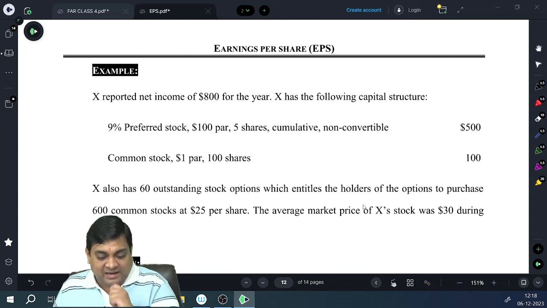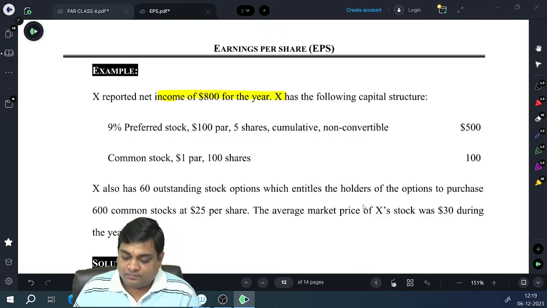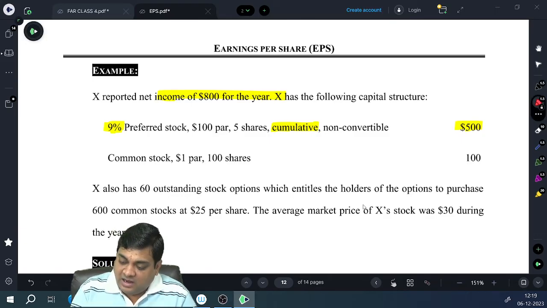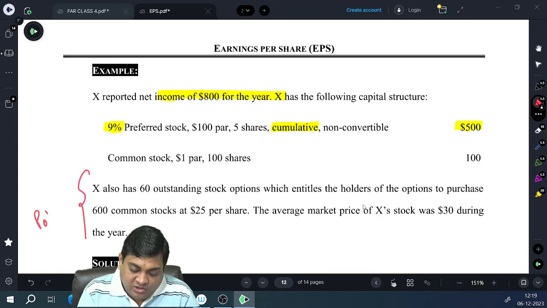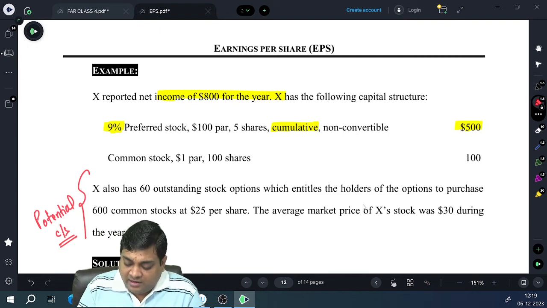So X reported net income. So this is my net income, right? For basic, preferred stock dividend will be subtracted and it is cumulative. So even if it's not declared, we are going to subtract it, right? And this part is potential common stock, right? Let's not discuss it right now. So we'll first calculate basic earning per share.